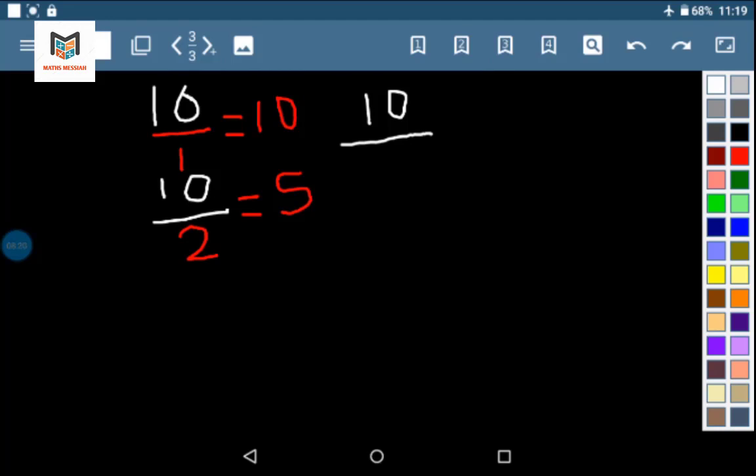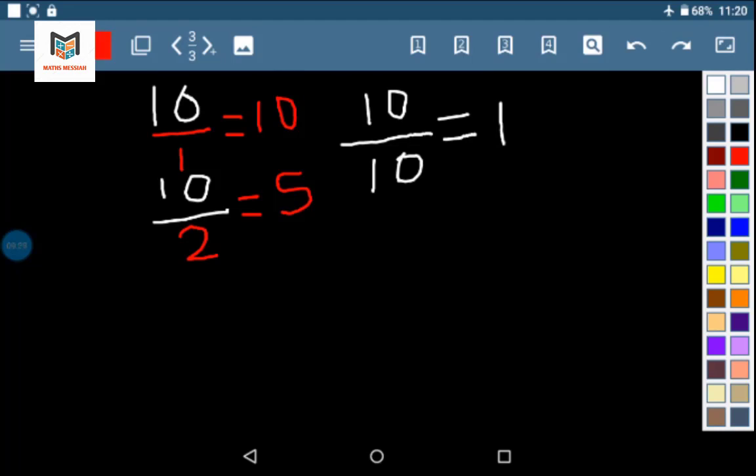It can't divide 10 exactly. 6, 7, 8, 9, then 10. Yes, 10 can divide 10 and it will give you an exact number. That is 1. So we have ended.